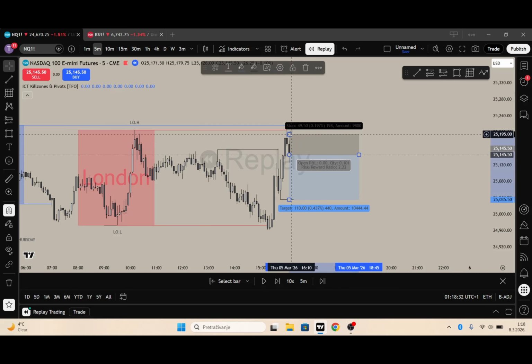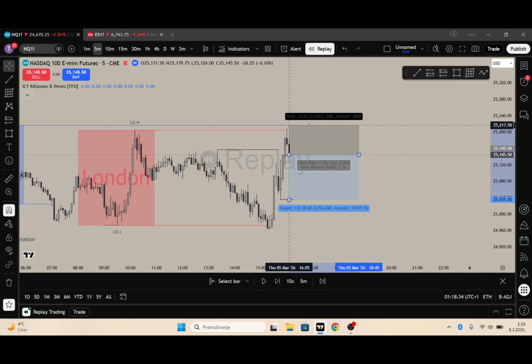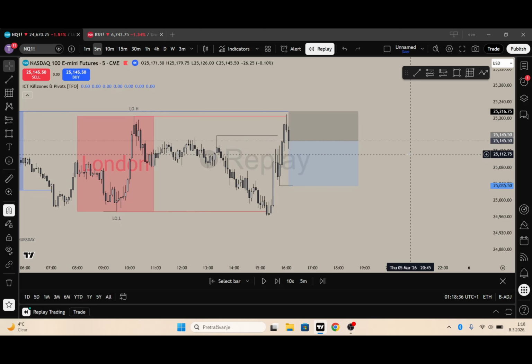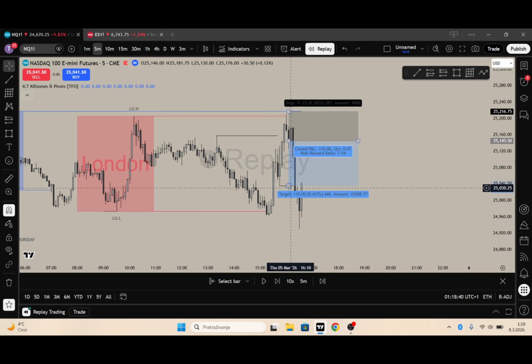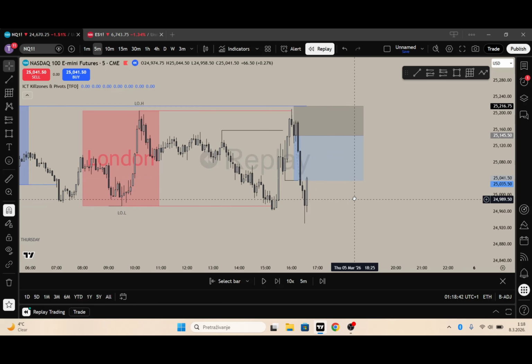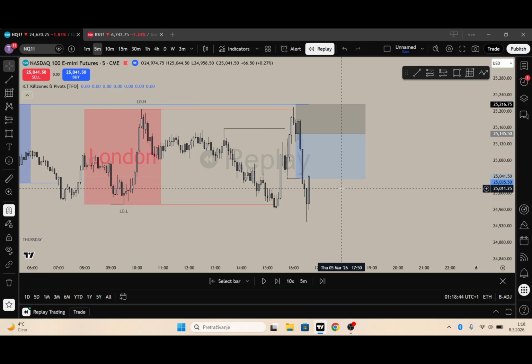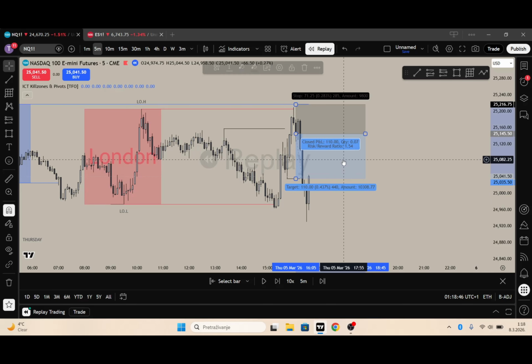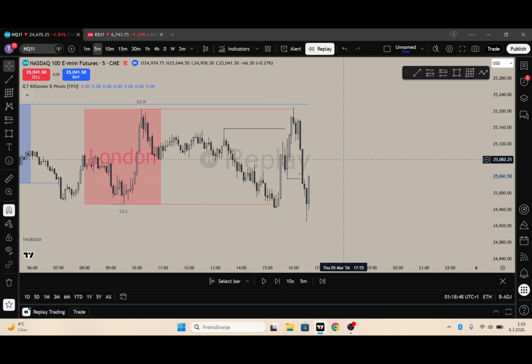Stop would be above this gap, and then you see we sweep this one. That was another trade, two trades, but I took only one. I took only longs, and that will be it for this video.